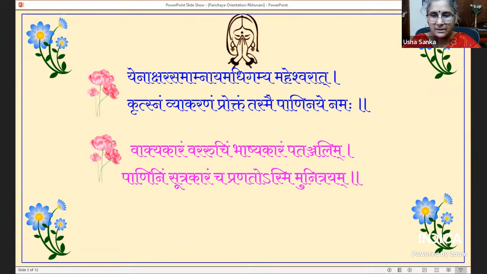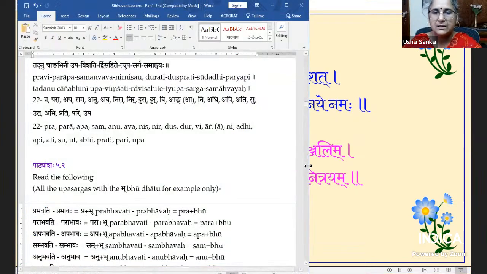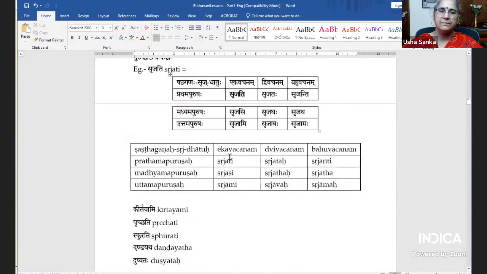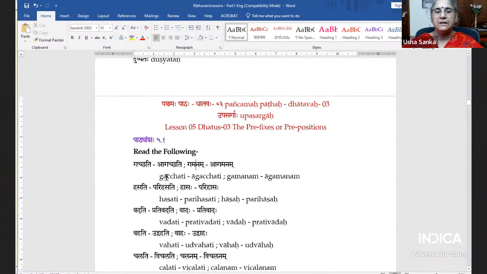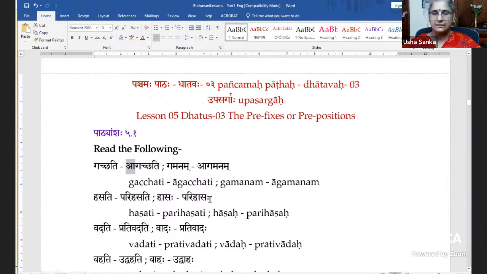Okay, so today we are continuing the Upasargas. Just a small revision. We have learned that a particle, a small wordlet, a syllable or a set of syllables, that is added before the dhatu or a kriya form is called an upasarga.